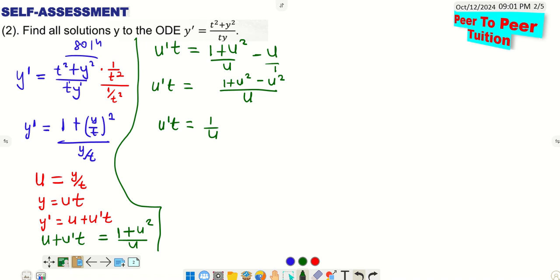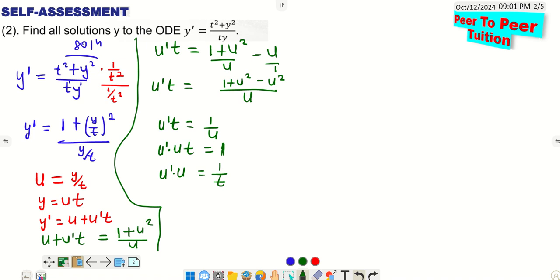Multiply through by u. I have u prime multiplied by u multiplied by t should be equal to 1. Then divide through by t. I have u prime u should be equal to 1 on t.